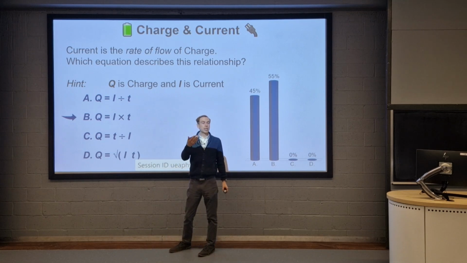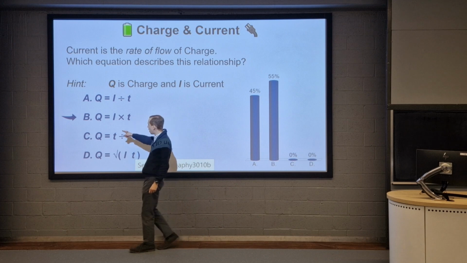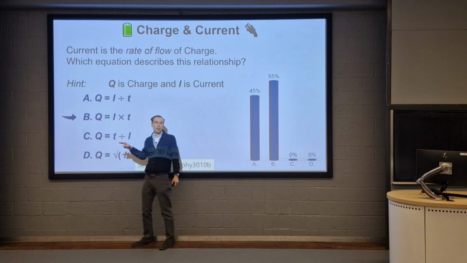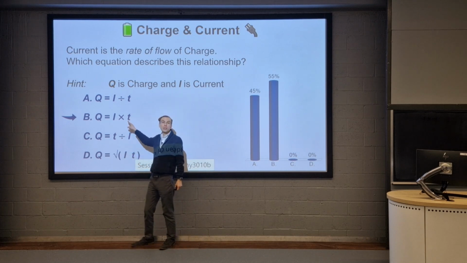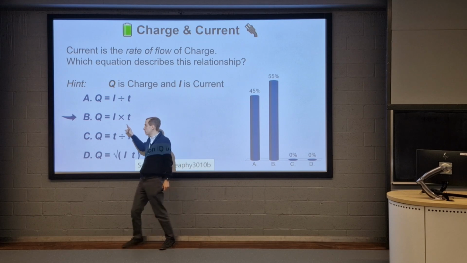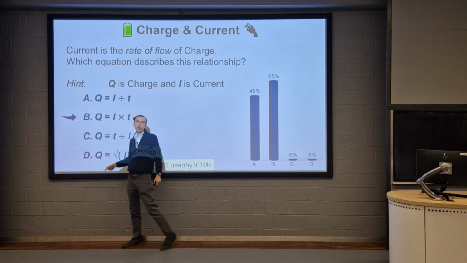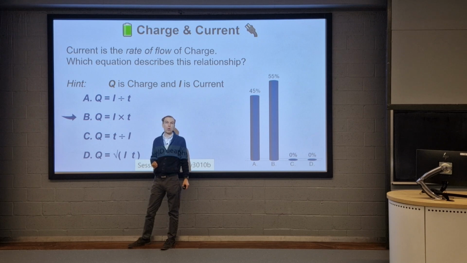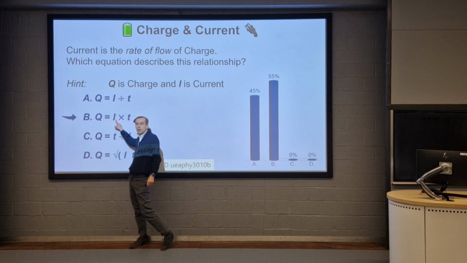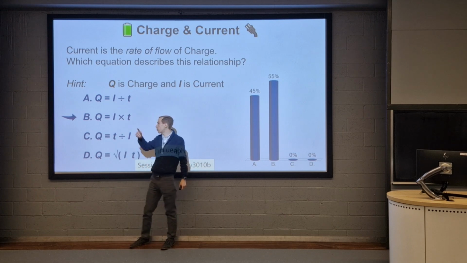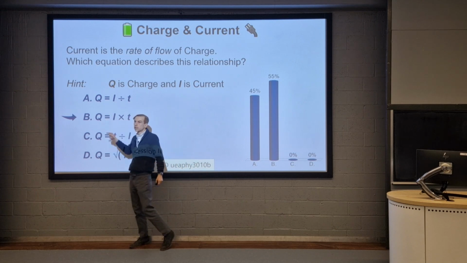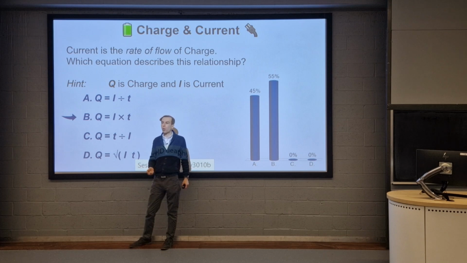So what that means is, if we've got maybe 1 amp of current over here, so maybe our I is 1 amp, and we wait for 1 second of time, that means we're going to have 1 coulomb of charge passing through our wire, okay? Or equivalently, if we've got 1 amp of current and we wait for a minute, that's going to be 60 coulombs of charge flowing through our wire. That's what this equation means, okay?